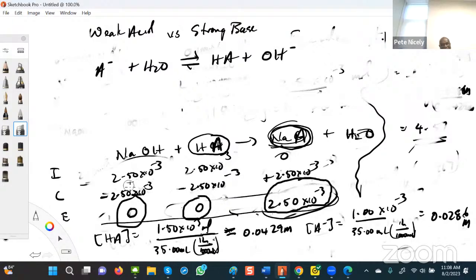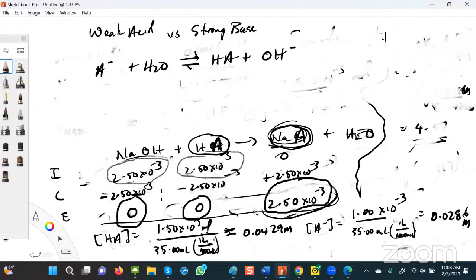2.5? Yeah. Because I'm saying that, okay, if this here is the amount of acid that was there originally, to get to the equivalence point, you're going to need the same amount of base. You see what I'm saying? Yes. That's literally what the equivalence point means.